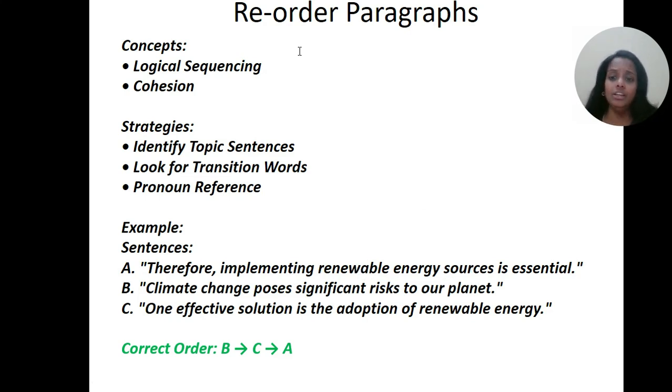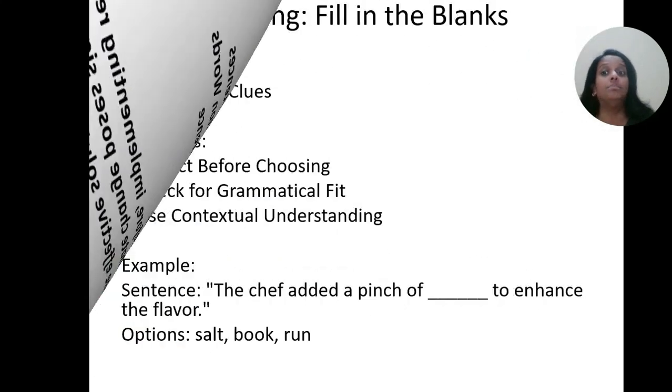Got it? Here, sentence B introduces the problem, and C presents a solution. And finally, sentence A concludes with a recommendation. Simple, isn't it? Now let's see the next task, reading, fill in the blanks.